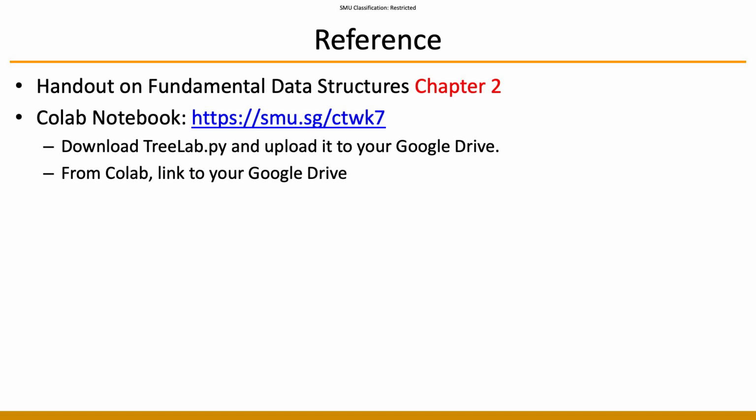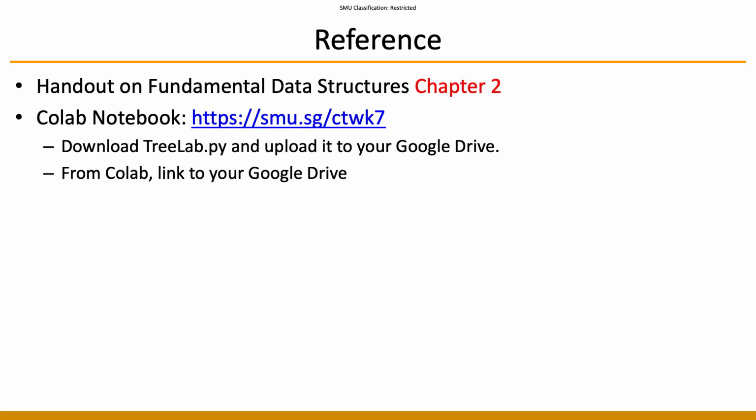In terms of references, we are now at chapter 2 of the data structure handout. You can find it on eLearn, and also we have our tree lab Python library for you if you want to play around with the data type. If you prefer an online version, you can access exactly the same code base on Colab.